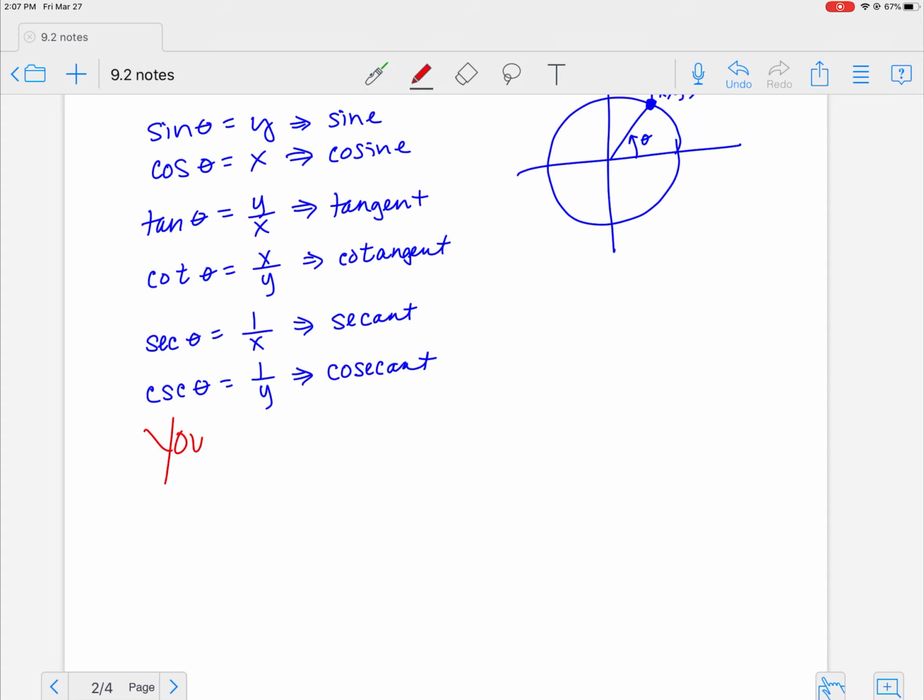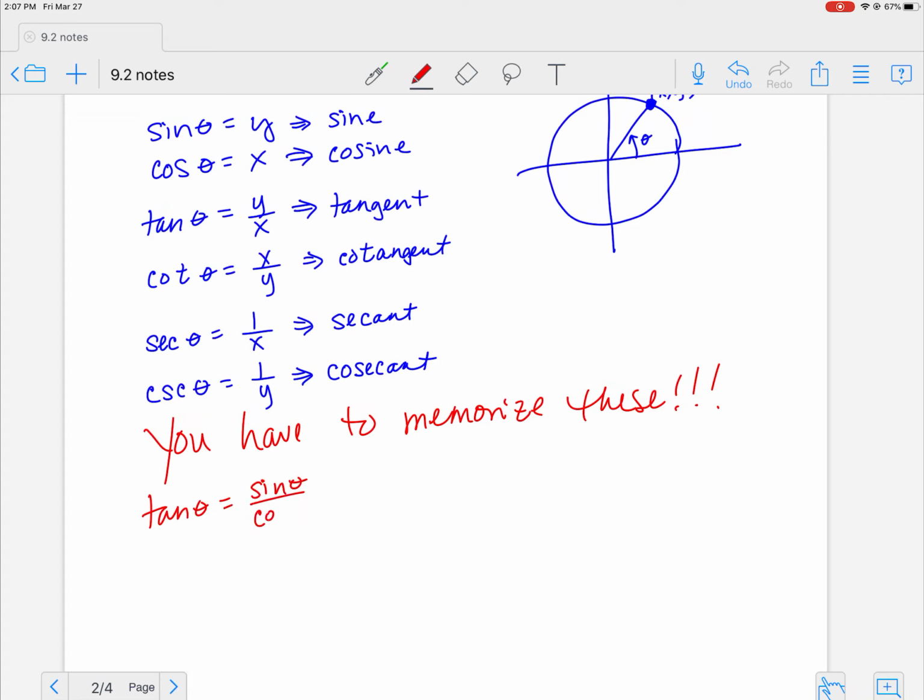So right now, I'm just going to load you up. Here's a bunch of different identities and things that you have to know. You have to memorize these. All right? You need to know that the tangent of theta is equal to sine theta over the cosine of theta. Well, no duh.